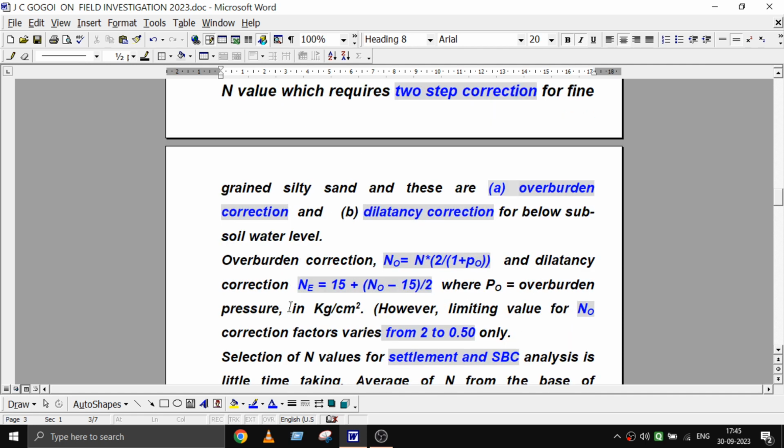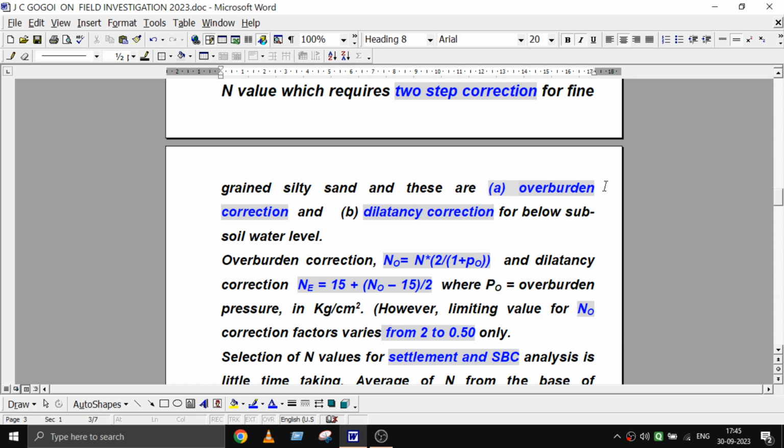And the dilatancy correction, I am denoting it N_E, equals 15 plus (N0 minus 15) divided by 2. This second correction applies only if the N value exceeds 15.